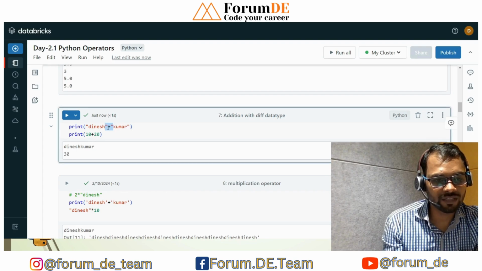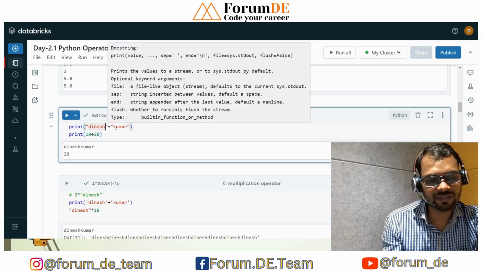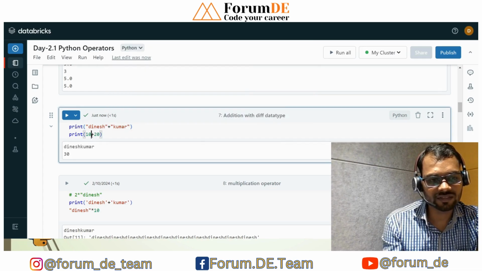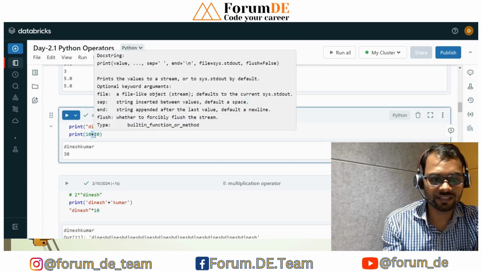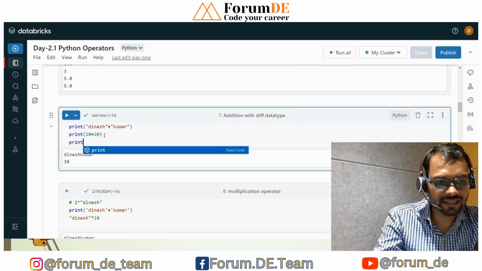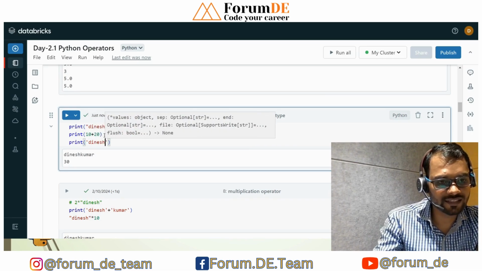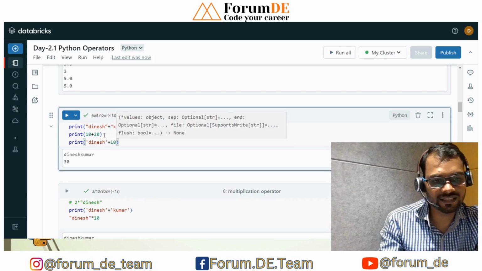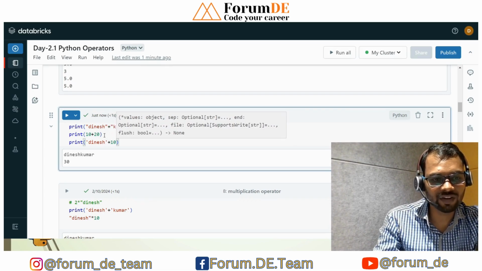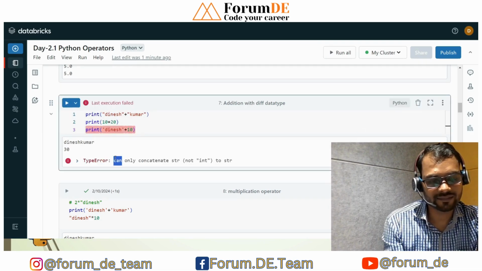In string format it works as concatenation. So always remember, the plus operator works as concatenation for string data types and as addition for integer data types. But if you want to add any number to a string, suppose you want to add Dinesh with an integer, it will not be possible. It will give you a type error.